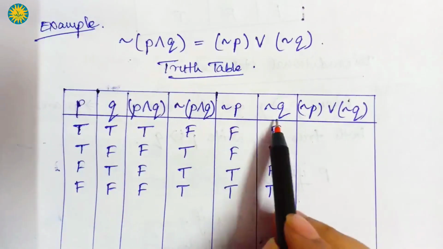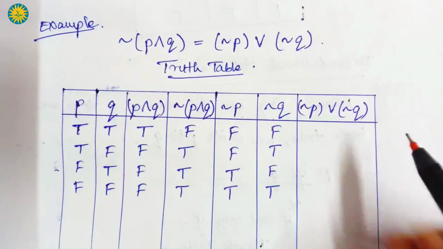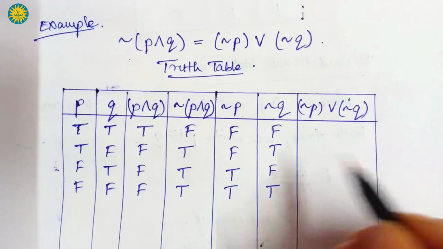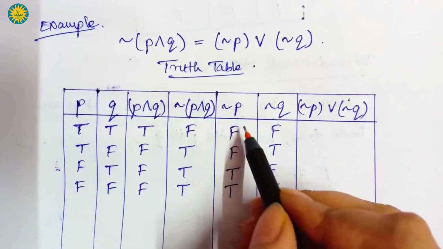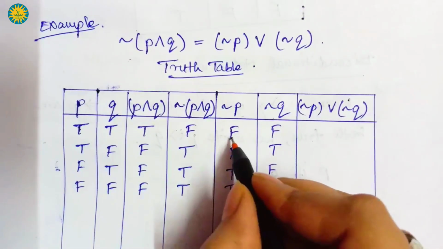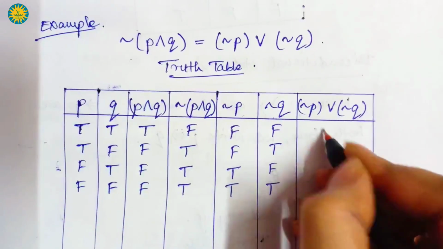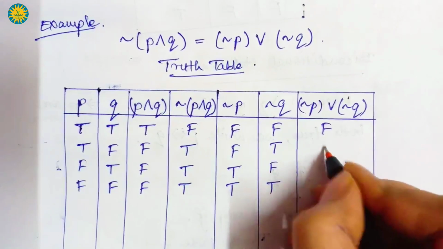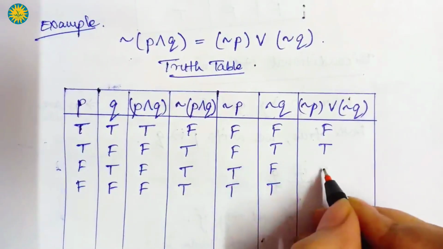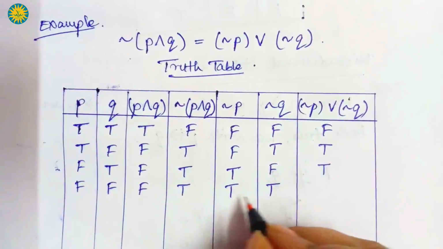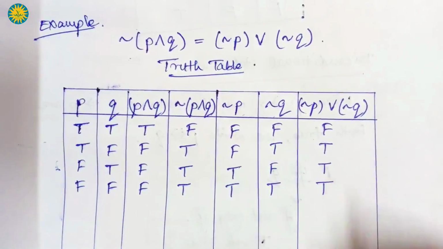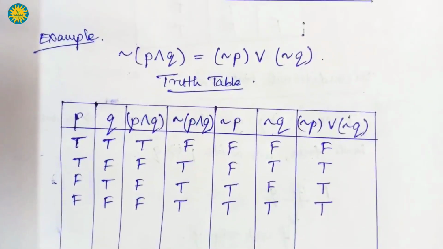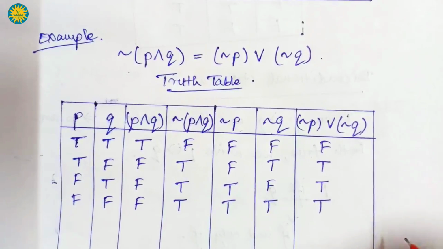And using the fifth and sixth column, we will fill up the seventh one, which is not P or not Q. So false or false gives us false. False or true gives us true. True or false gives us true. And true or true gives us true. So in this way, the truth table is formed.